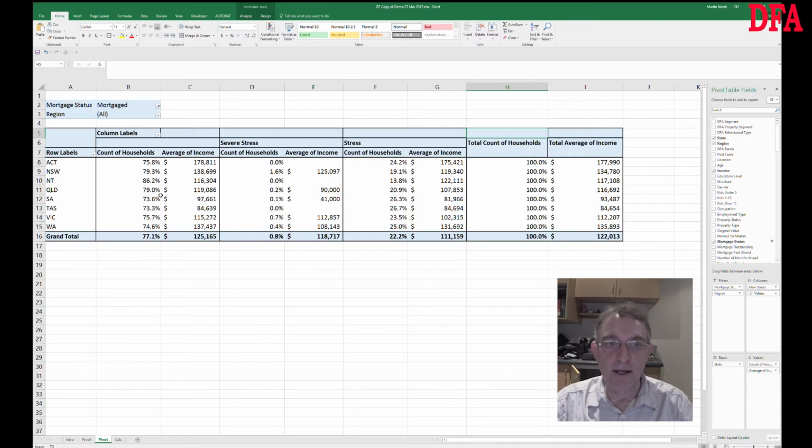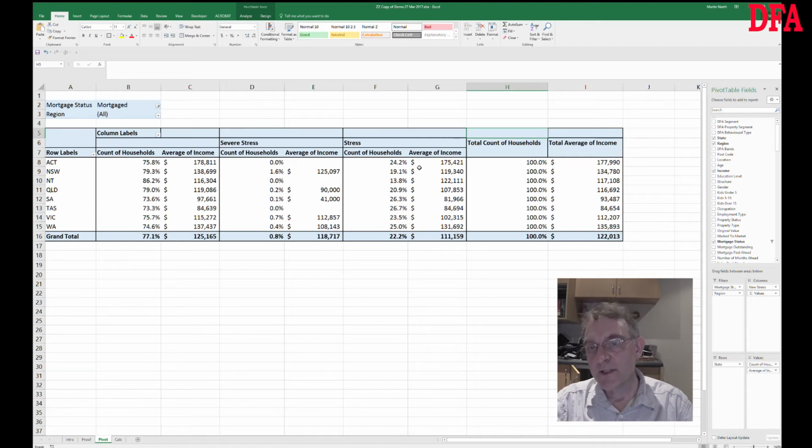It's worth highlighting that comparing those households who are not in stress across the different states, you'll see that NT is actually least stressed. Then we have a number of households in some states, particularly South Australia and Tasmania, and then Western Australia, who are more stressed. So stress varies by state.